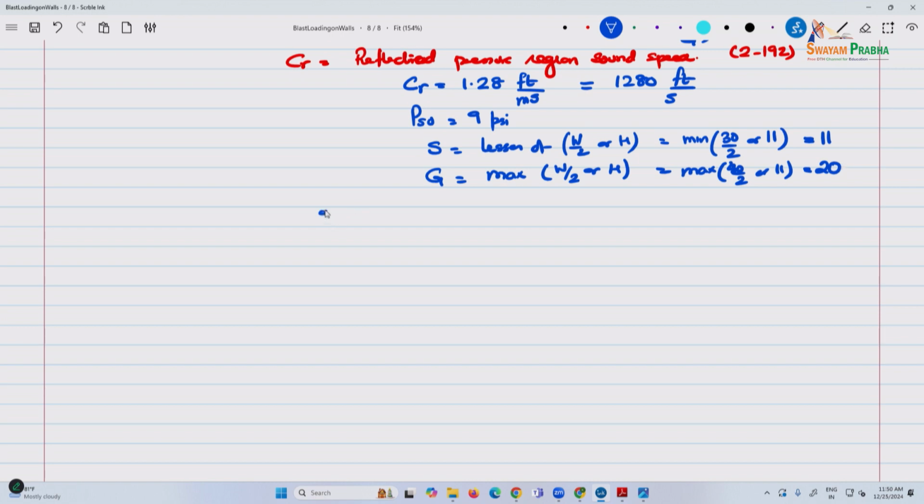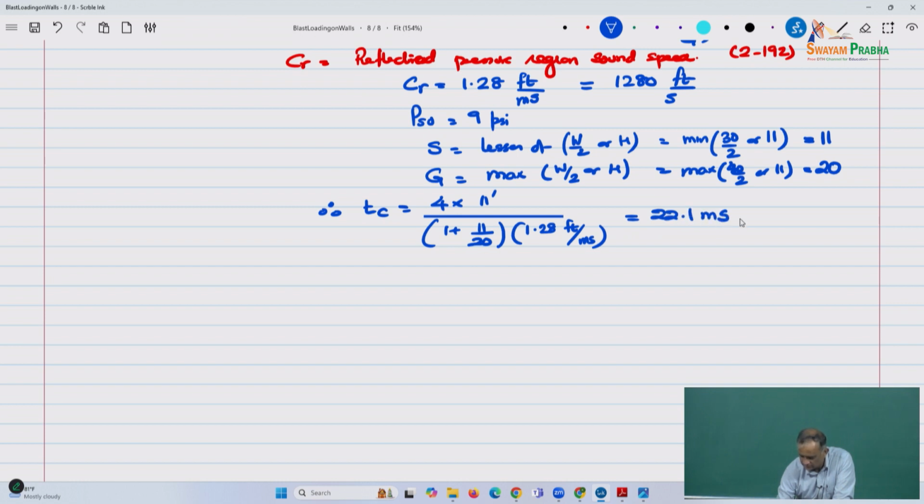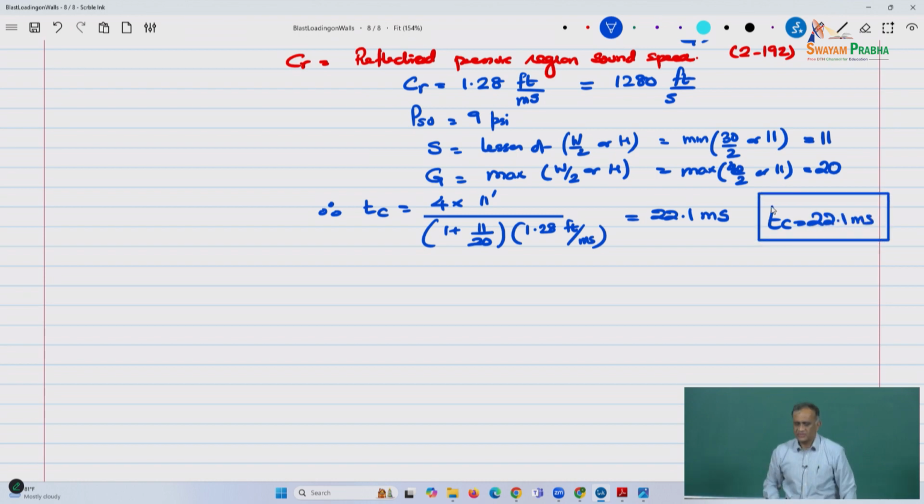And so therefore, I can calculate TC to be 4 times 11 divided by 1 plus 11 over 20 multiplied by 1.28 feet per millisecond. So this is feet out here, comes to TC is 22.1 milliseconds.